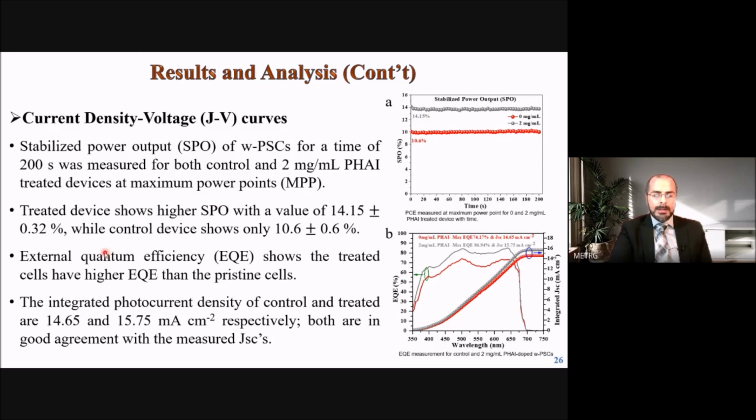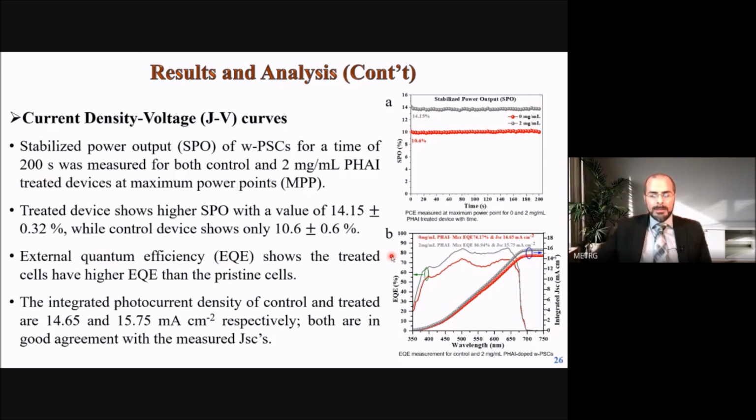Also, there is another characterization specifically for solar cells or photovoltaic devices. We call it external quantum efficiency, EQE. This is basically about converting photons coming from the sun to electrons in the material.